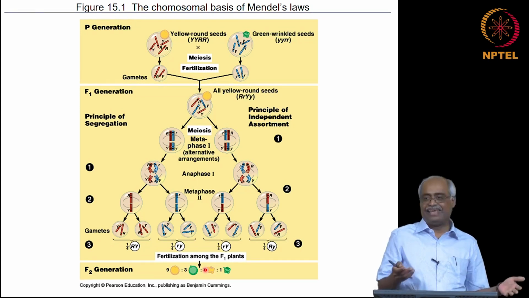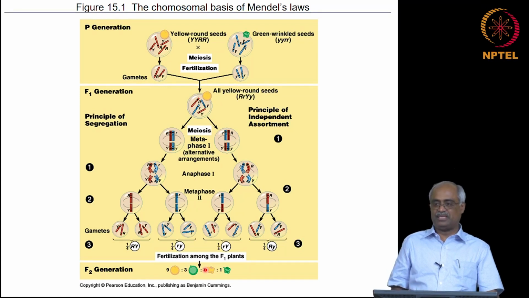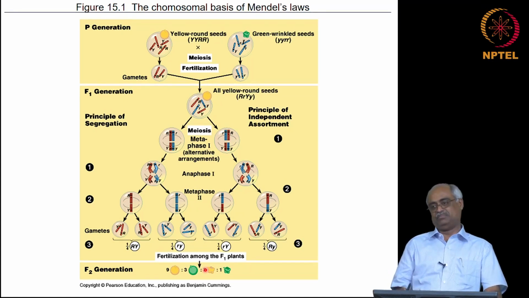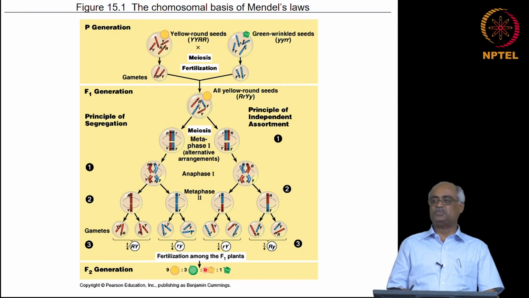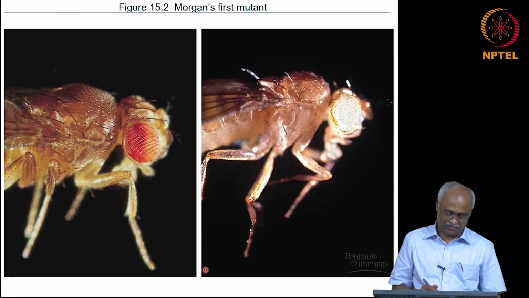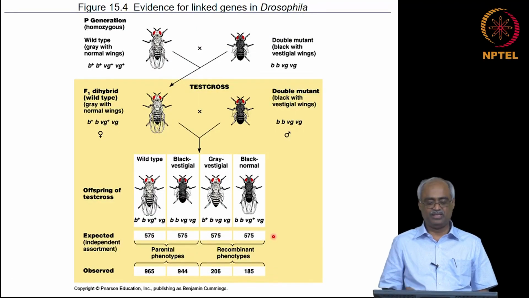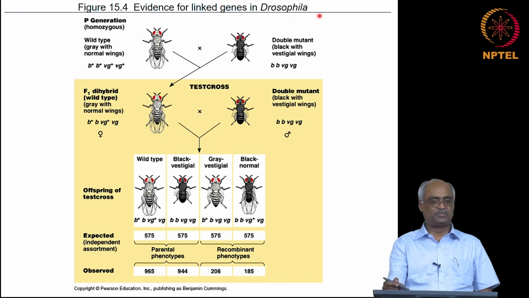So, he did not get either. So, he reasoned that they are probably on the same chromosome, but they have a way of sometimes separating. Probably the chromosomes break and join. Okay. So, that is the idea that Morgan thought of to explain this, evidence for linked genes.